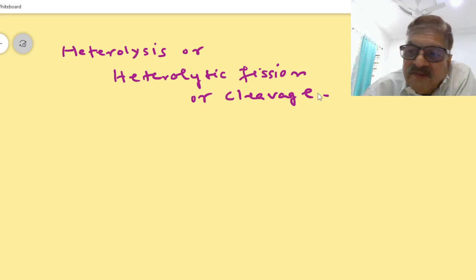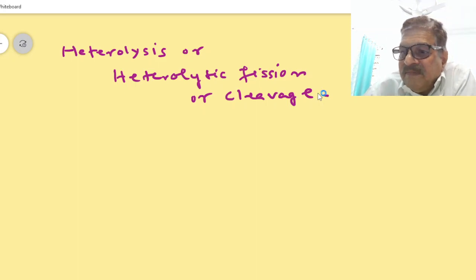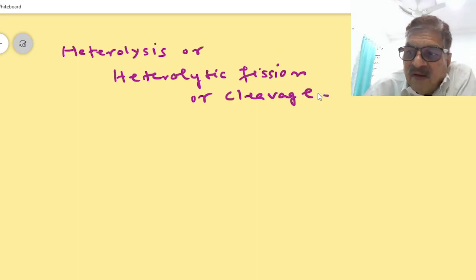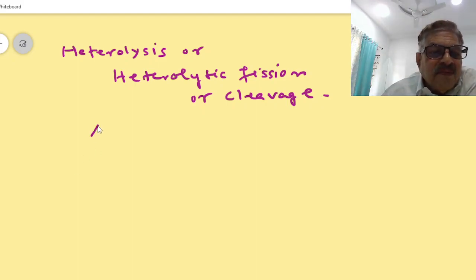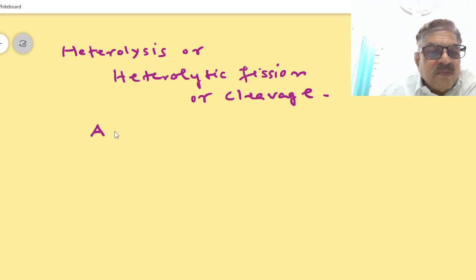So heterolysis of a bond between two atoms A and B can give either A or B the two electrons in the bond. Now you see, we have a bond like this, just like the hydrogen atoms we have seen.